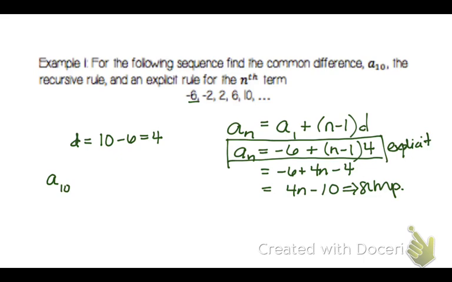I can also convert from explicit to recursive. So for the recursive formula, we would say a sub n, the next number in the sequence, means that I take a sub n minus 1, what I have now, and I'm going to add 4, the common difference, to get the next term, and we started at -6.